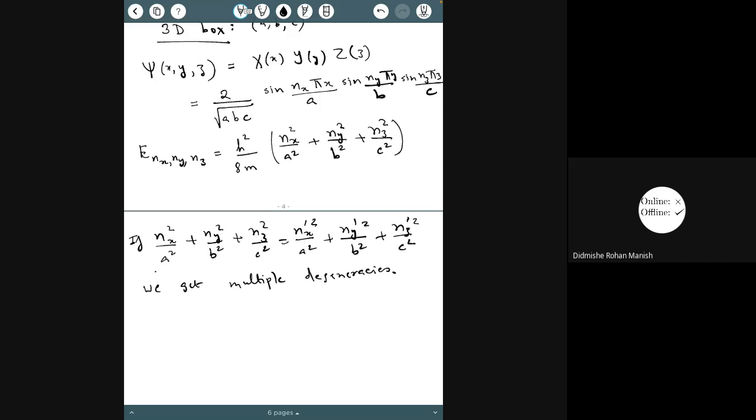So if you have a set which is 2, 1, 1, this is degenerate with 1, 2, 1, for example. So you can have repeating numbers which give you degenerate wave functions, and you can also find out different numbers. At the moment, I can't think of an example, but I guess you can find some as well.